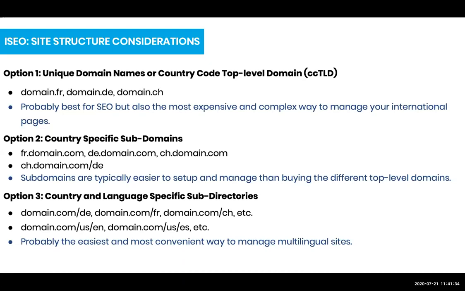You can do country-specific subfolders, or the easiest would be country and language-specific subdirectories, so your domain.com/fr-fr, etc. It's definitely the easiest way to get started and to manage multilingual websites.